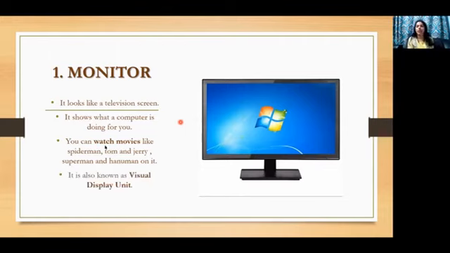This word is not necessary for you to study, it is not that important, but just keep in mind that this monitor is also known as visual display unit, VDU. Okay, shall we go on to the next part?